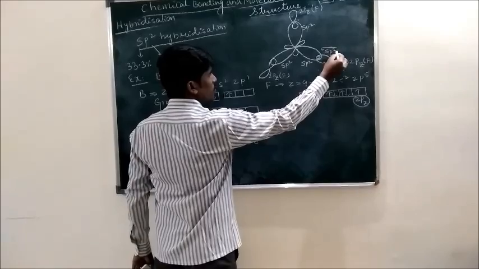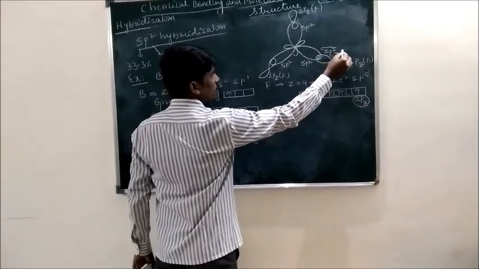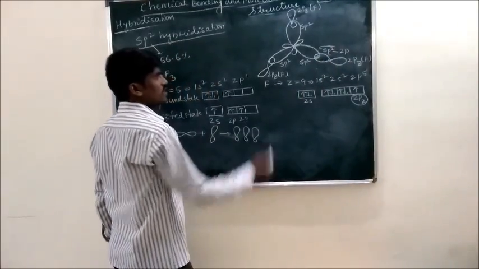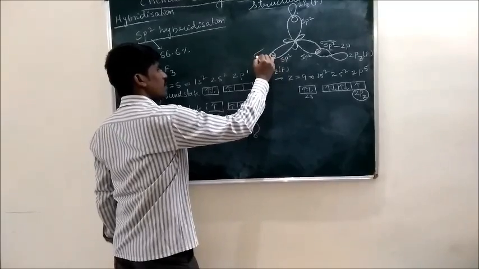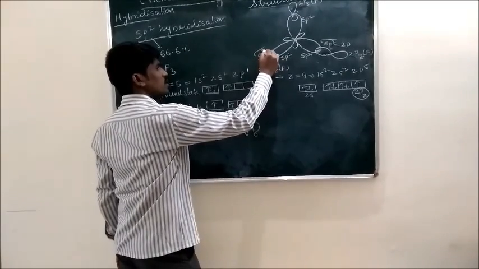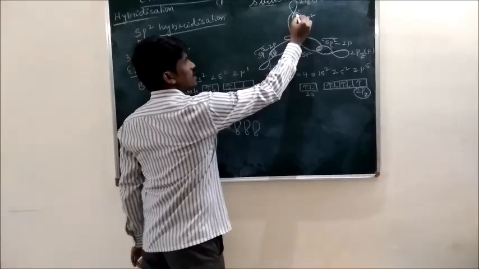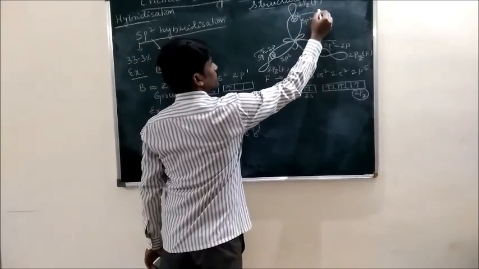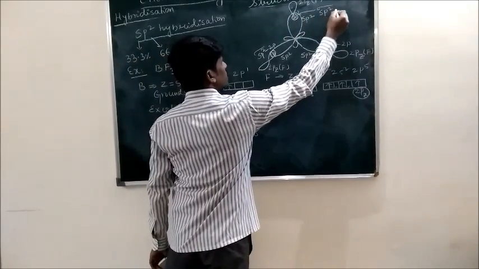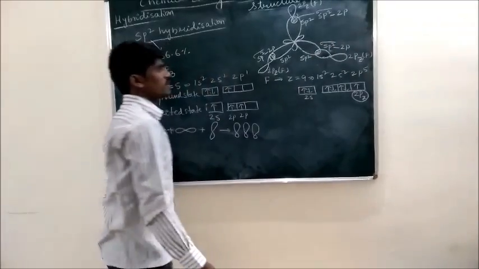This sigma bond is formed by overlapping of sp2 and 2p orbitals, and similarly for the other two.